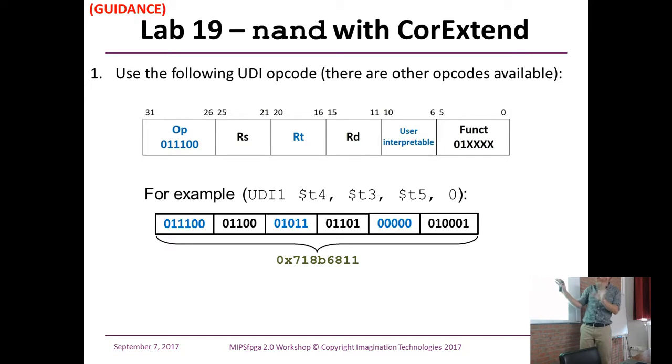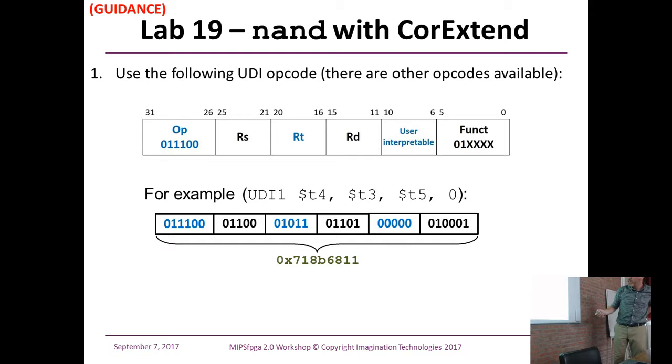I'm not going into details here; there are different possible formats for user-defined instructions. This is one of them. We're going to perform some operation between registers T4 and T3, and we're going to store the result in T5. Note that the order is different to usual MIPS instructions. I don't know why. But these are the source registers, this is the destination register.